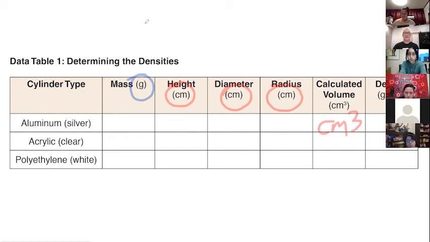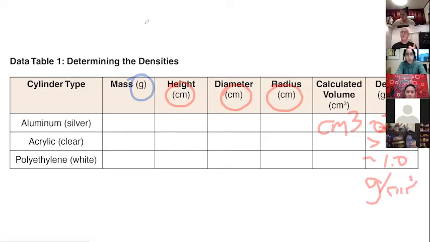And then finally, the density. So like I said, aluminum should be around 2.7, maybe a little bit more. The acrylic should be a little more than 1. And the polyethylene should be around 1 gram per centimeter cubed.